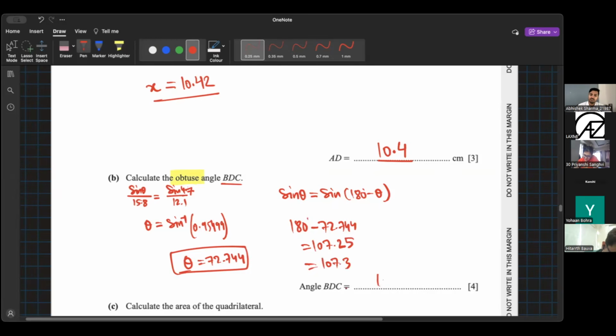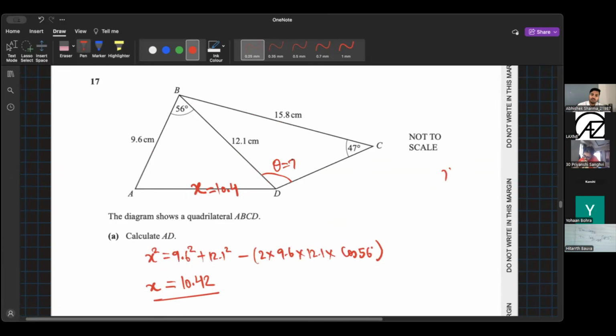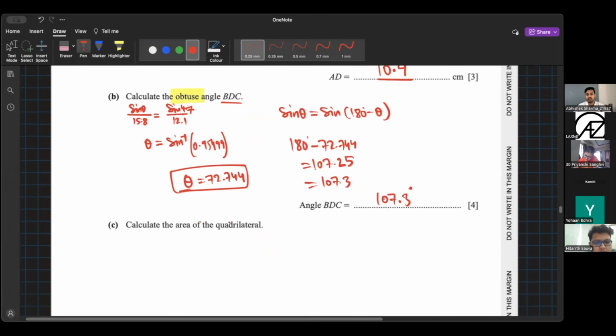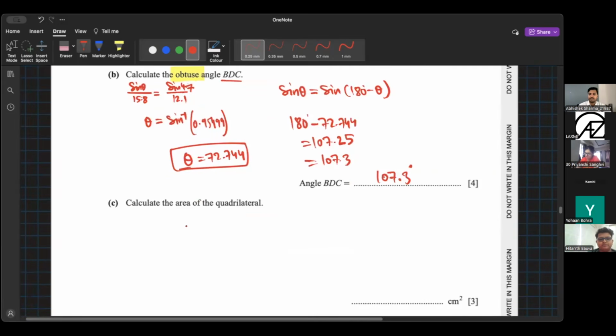So 107.3 degrees is the answer. Clear? The working for the other would be something like this. Yeah, that's correct, you'll get the marks.